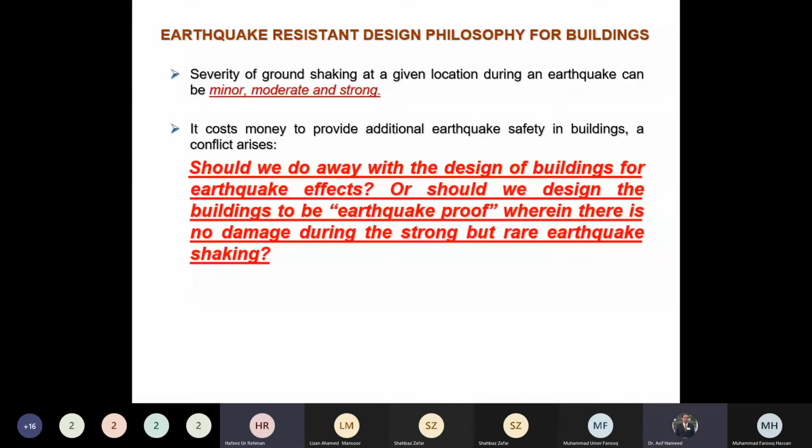We have already seen that the probability of occurrence of a large earthquake is very rare, very small. Maybe one time in 100 years or one time in 200 years, for a very large earthquake. So definitely it depends on where you have to design the structure.